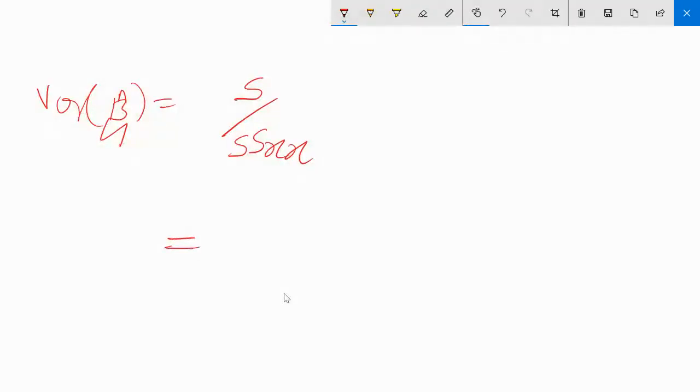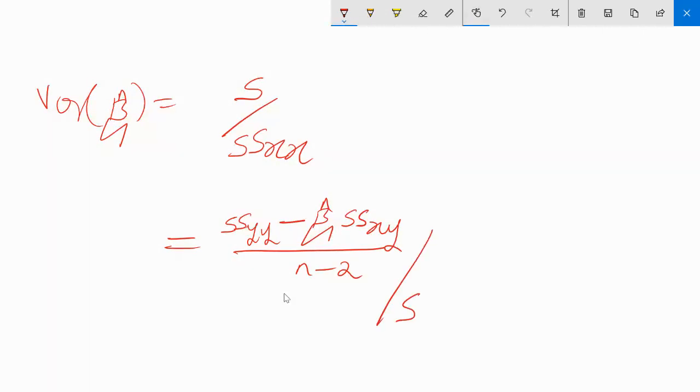SSXX. And you know what our S is? Our S is the square root of (SSYY minus beta 1 hat SSXY) divided by (n minus 2) all over SSXX.